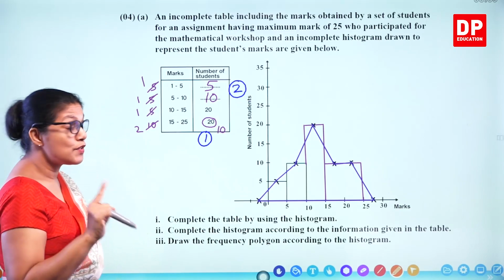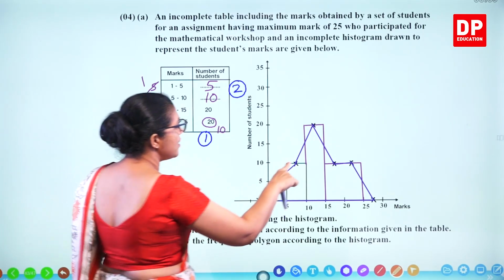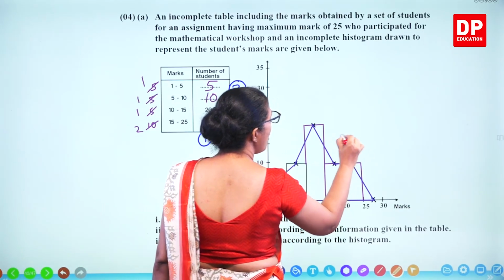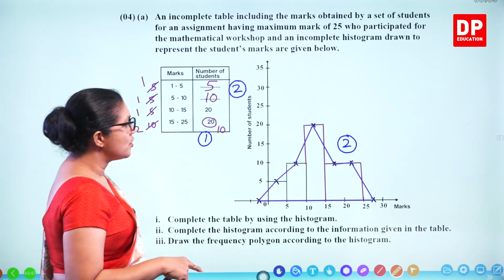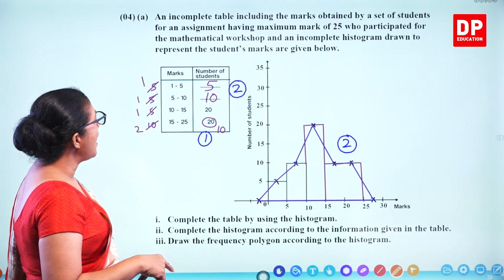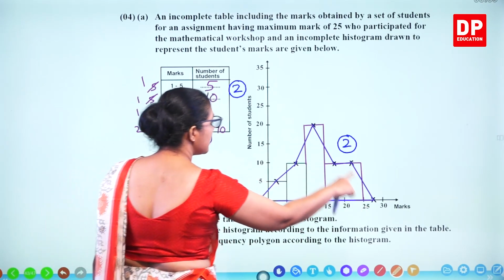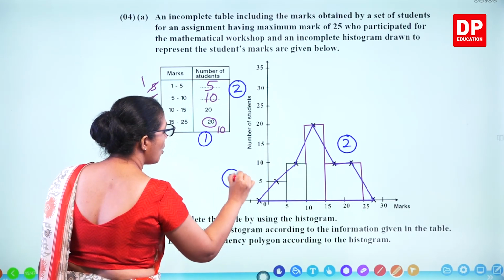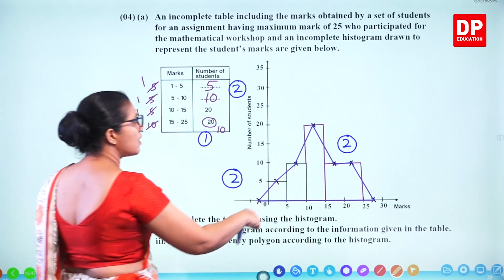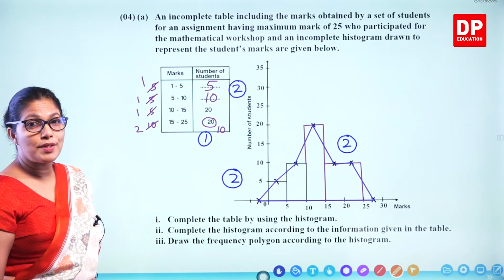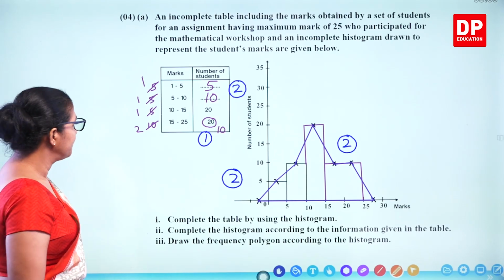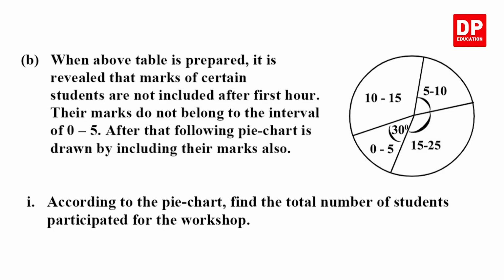You have to divide this by 2, and 2 marks for drawing the other 2 bars, and 2, 3, 4, 5, and 2 marks for completing the frequency polygon. Now we'll take the part B.